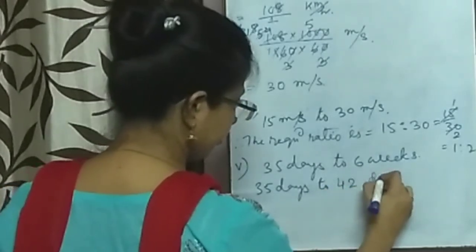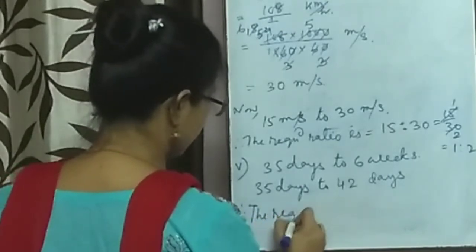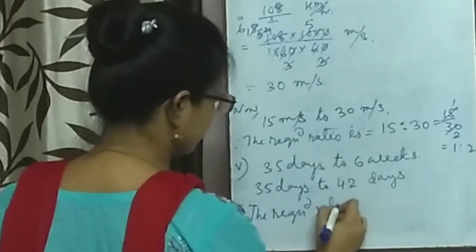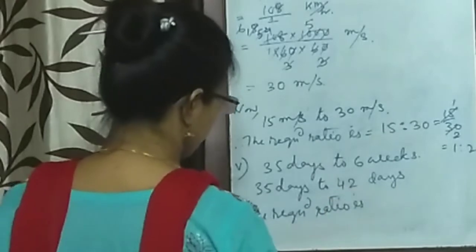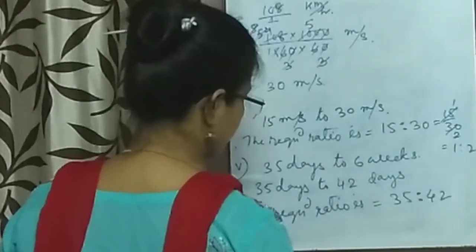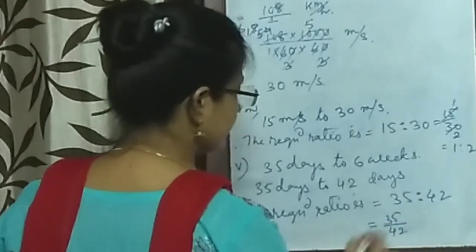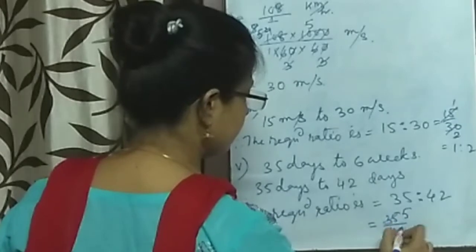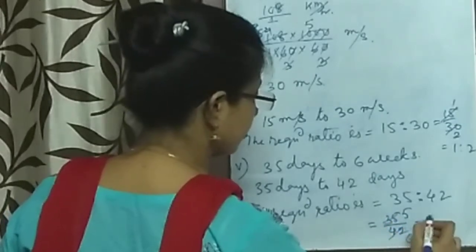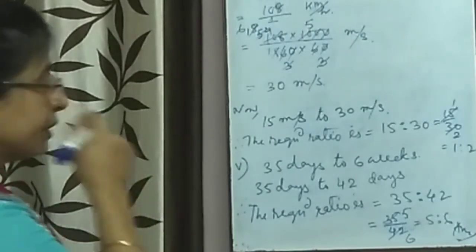Therefore the required ratio is 35 to 42. 7 5s are 35, 7 6s are 42, so 5:6. So with this I am completing exercise 12a.